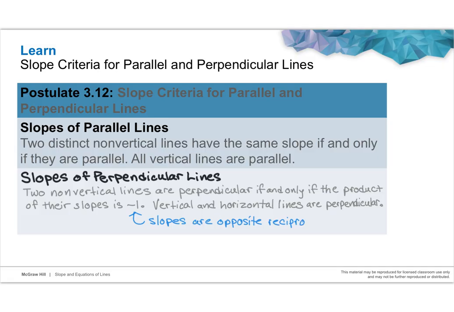Opposite meaning different in sign, and reciprocals meaning if I have A over B for the original slope, then the slope of my perpendicular, which I'll notate with that little subscript with our perpendicular symbol, will be the opposite sign over B over A, okay?